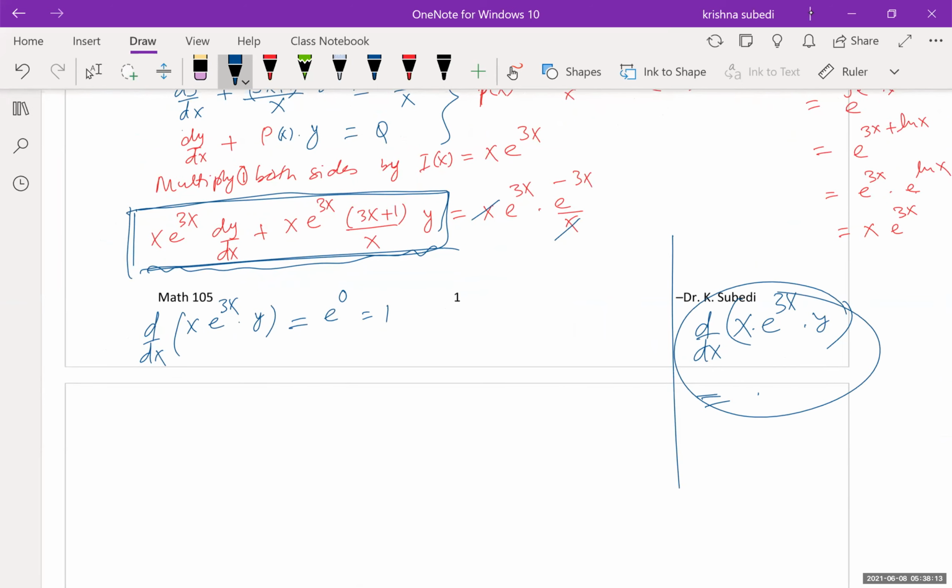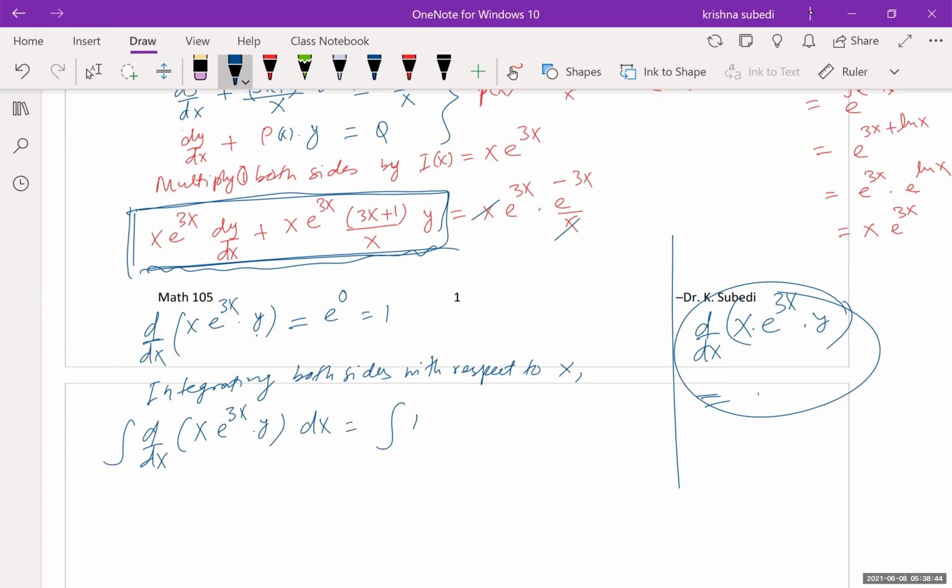And now our job is to find the value of y here. So what we need to do is integrate both sides with respect to x. You're gonna get the integral of d over dx of x e raised to power 3x times y dx equals the integral of 1 dx.